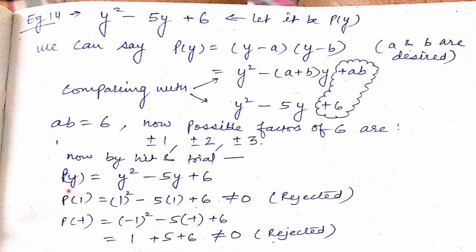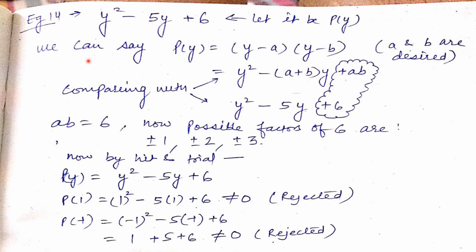So first I am trying with p of 1. Why with 1 this time? Because in our equation we have a negative sign also. So this time the answer may come from any plus or minus. But if in an equation all terms are positive, in that case only negative will give you 0 as answer.